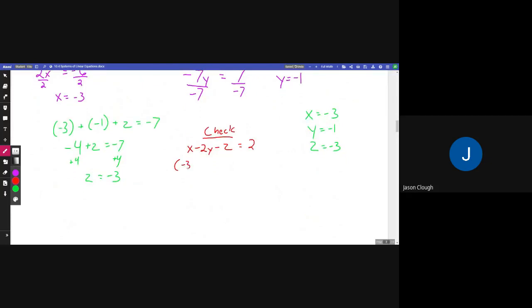So this is just -3 plus 2 plus 3 equals 2, which is a correct statement. Therefore, these are my solutions for x, y, and z.